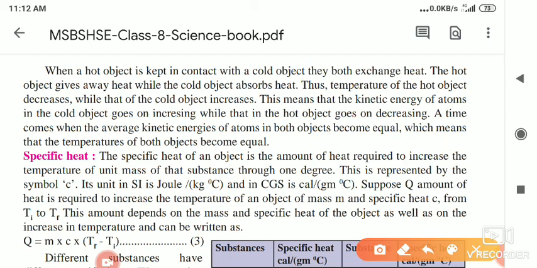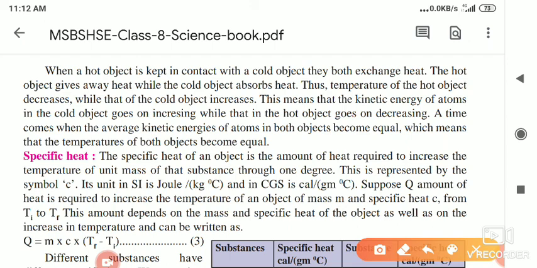One more example: whenever we take a bath, we use a vessel. If it is a steel vessel, you will notice that the steel vessel's temperature rises because of the hot water, and this is an example of exchange of heat.